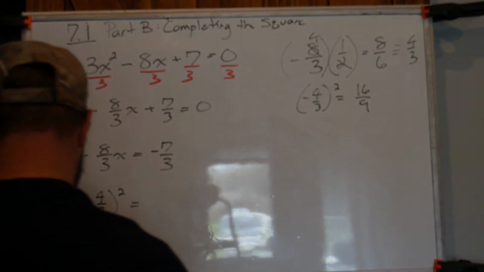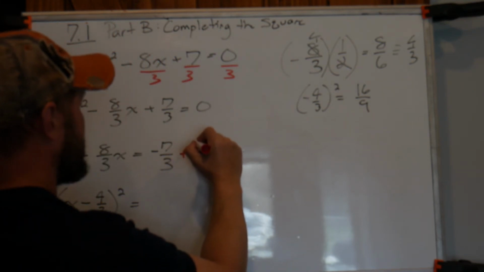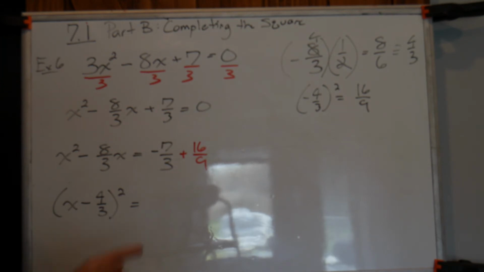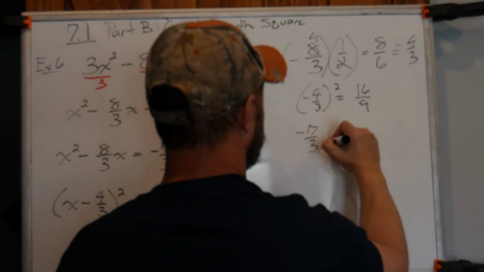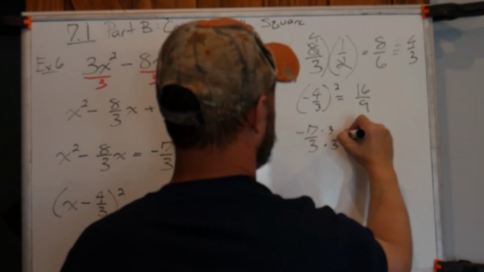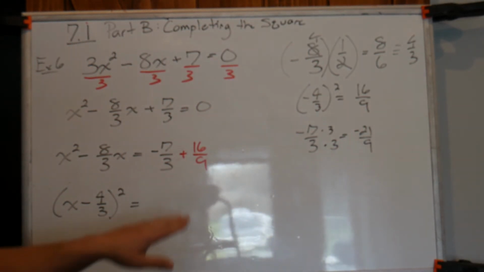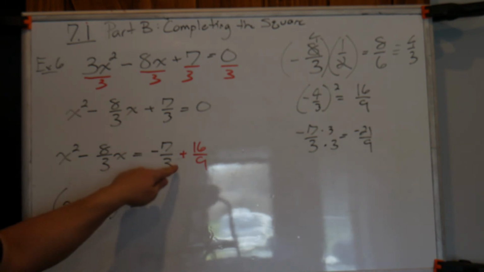So I'm going to do it in red here so we can follow along. I know that I'm adding 16/9 to -7/3. I also know that to make this out of a 9th so I can combine, I just multiply by 3.